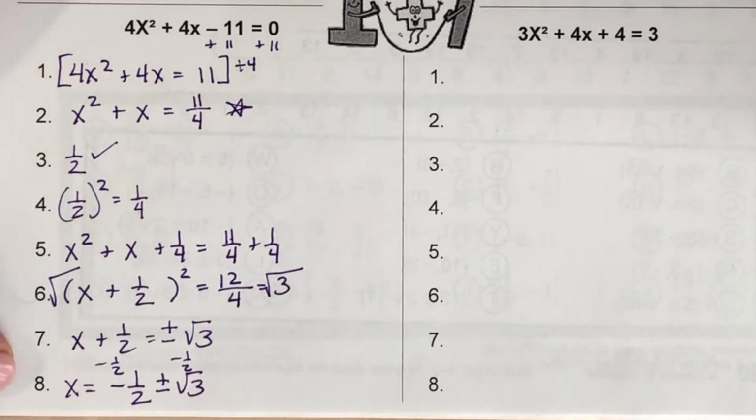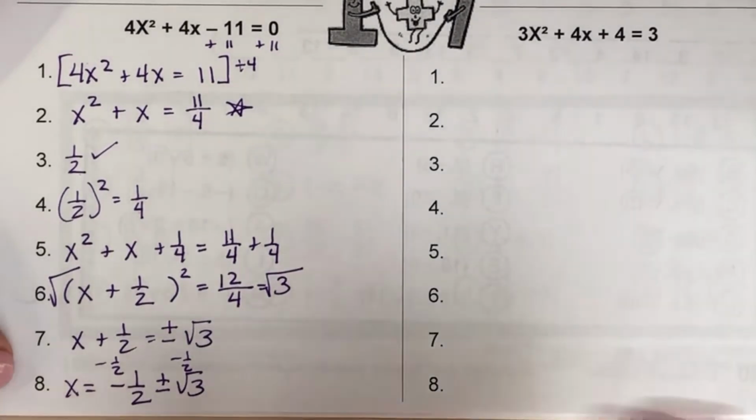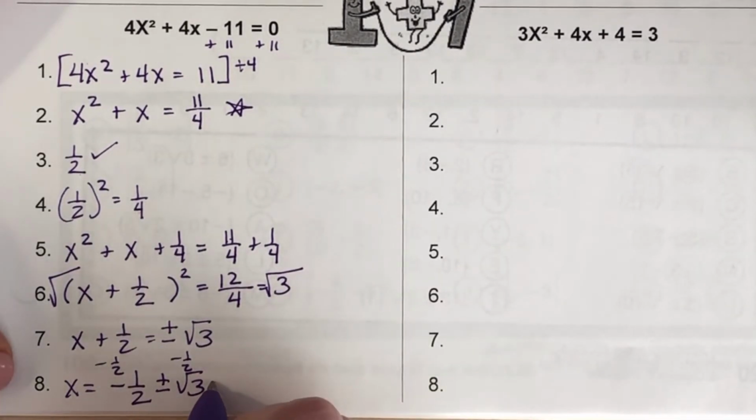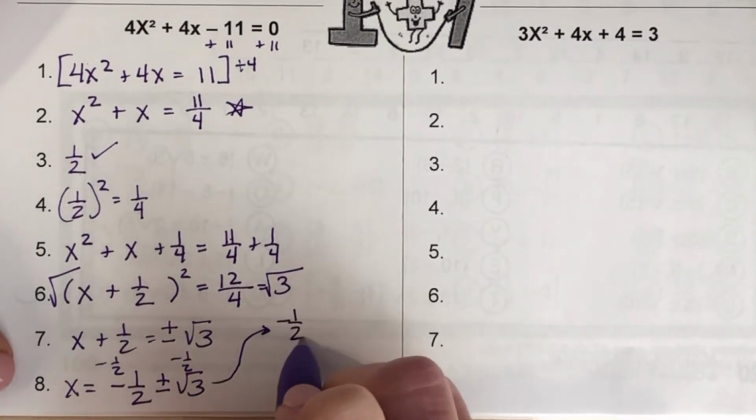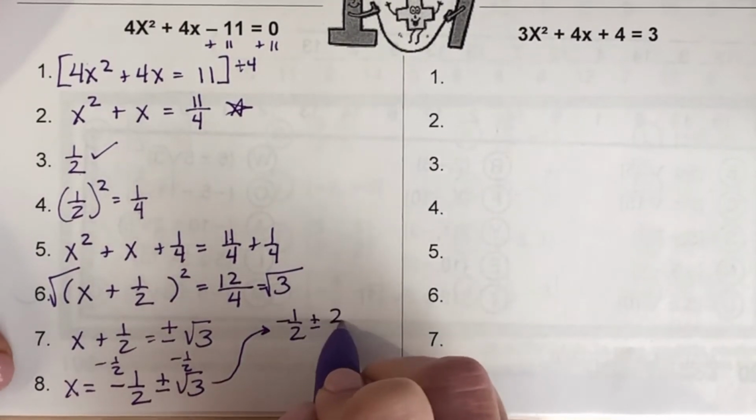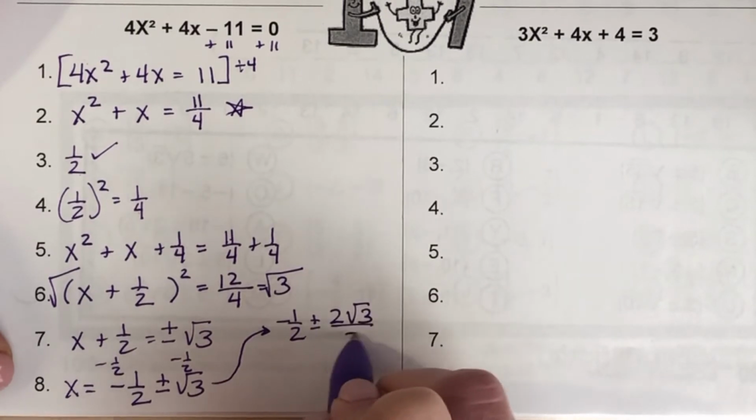And you can definitely see why this did not factor out nicely. Now, I could write it like that, but a lot of times we don't want a fraction, so I'm going to put everything together. I'm going to rewrite square root of 3 as something over 2, so I can have a common denominator. So I have -1/2 plus or minus 2 root 3 over 2.